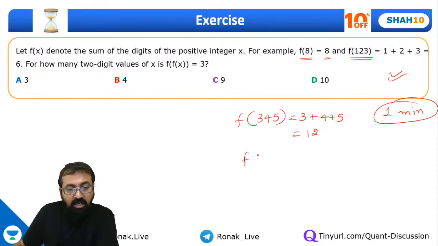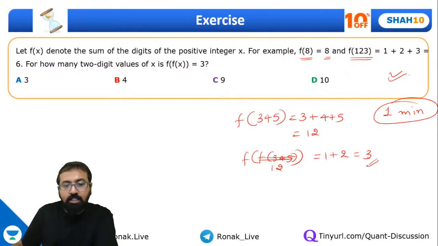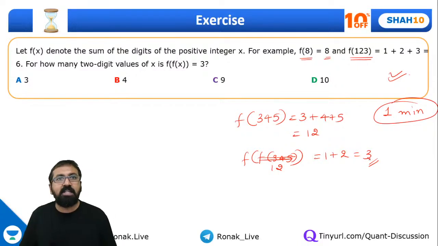So now if I want to find out f of f of 345, I already know f of 345 is 12, so I need to find f of 12, and it will come out to be 1 plus 2, which is 3. So basically you need to find out the result up to 1-digit summation, as simple as that, right? Mostly you will get 1 digit as the summation.